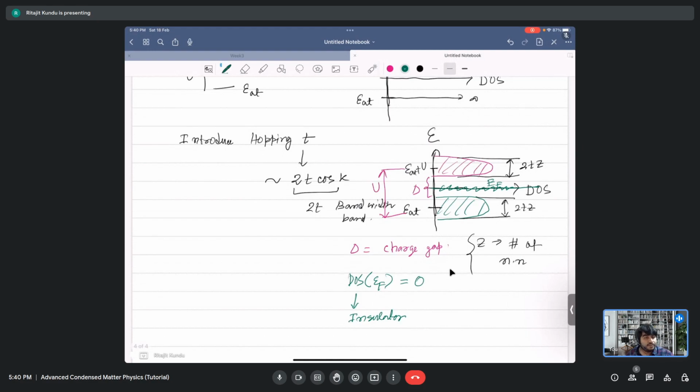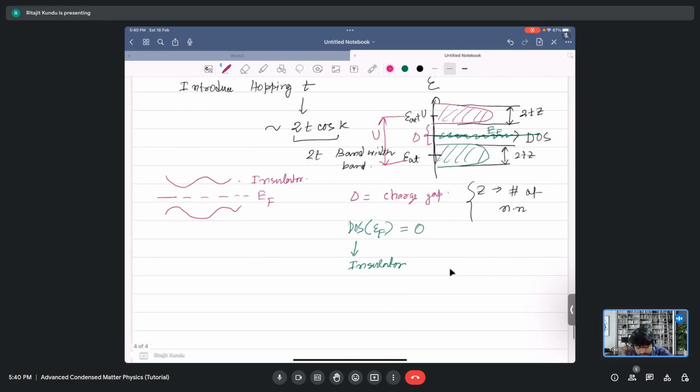But this is a rather weird insulator compared to what you have already seen. Till now you have seen band insulators, right? You have some band structure like this, and if your chemical potential or Fermi energy is somewhere here, you see that there is a gap. And if there is a gap, then this is called an insulator.